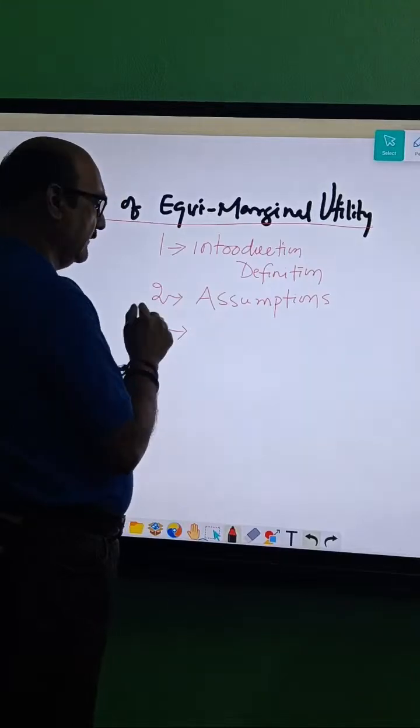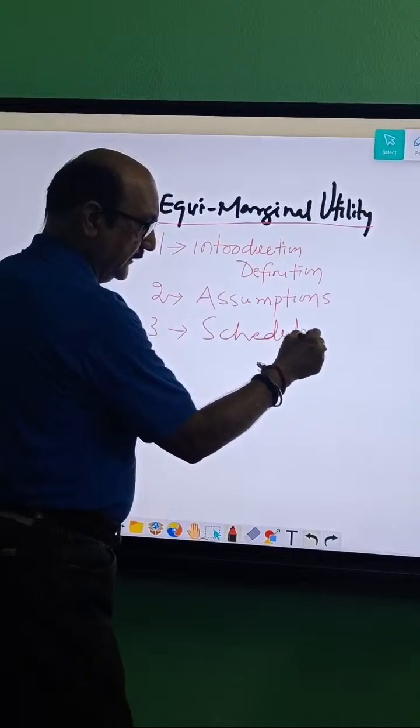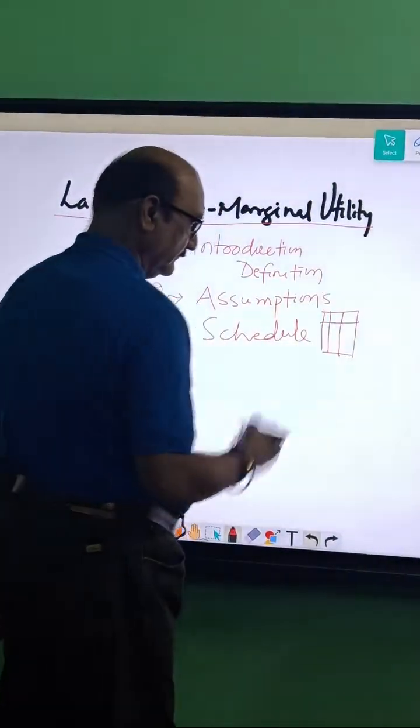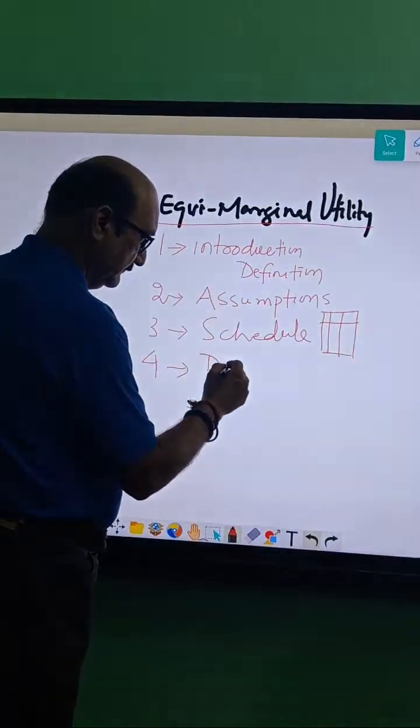Everything is mandatory. The third point is the schedule. You have to make a schedule to describe the things. Then the fourth one is the diagram.